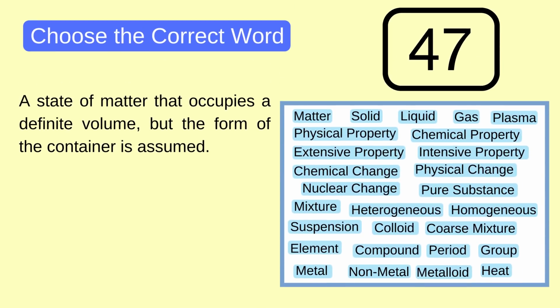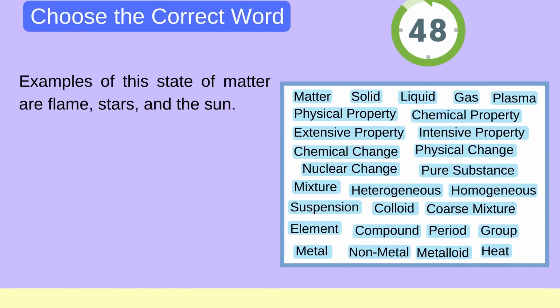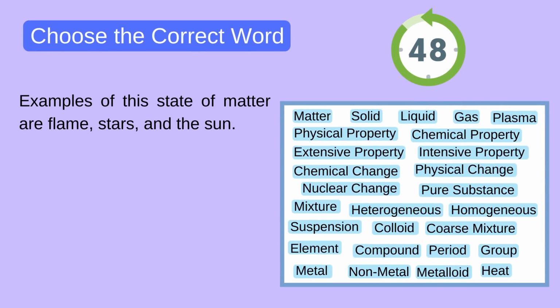A state of matter that occupies a definite volume, but the form of the container is assumed. Examples of this state of matter are flame, stars, and the sun.